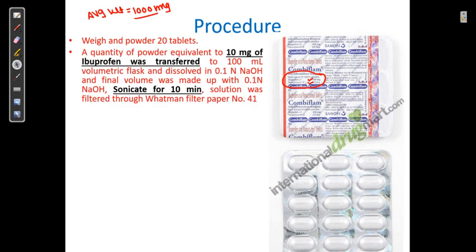Now we need a quantity of powder equivalent to 10 milligram of ibuprofen. Again we will see this calculation. So 1000 milligram of tablet powder contains, we are more focused on ibuprofen, 400 milligram of ibuprofen.